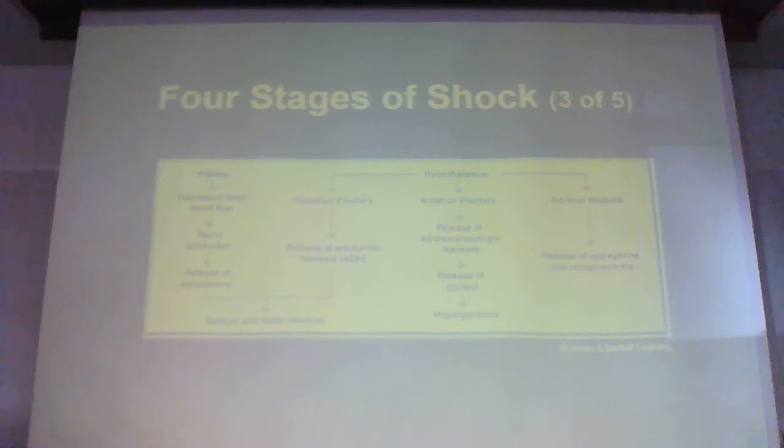We also release cortisol and adrenocorticotropic hormone from the anterior pituitary gland, and then our adrenal medulla, which sits where? Sits on top of your kidney, right? Yeah, your adrenal gland. And that's where we produce our epi and norepi.